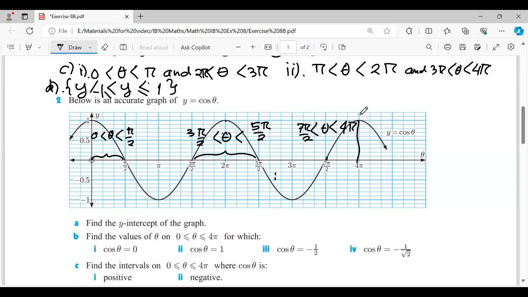That's for cosine positive. So how about if cosine is negative?